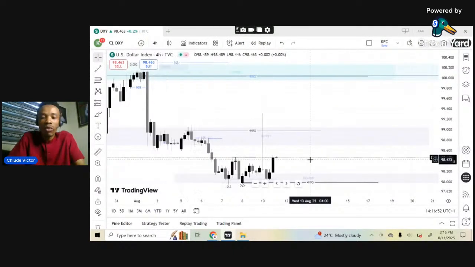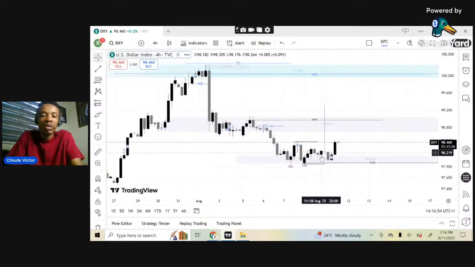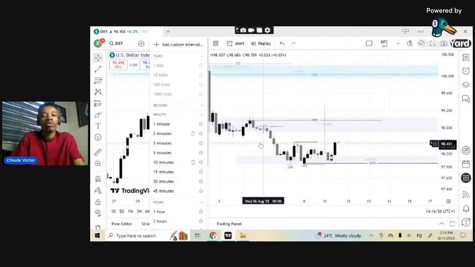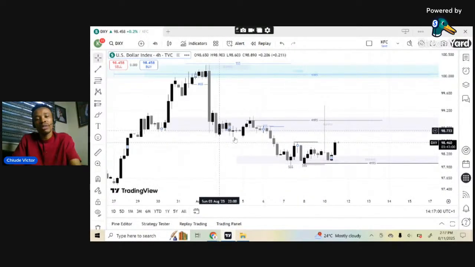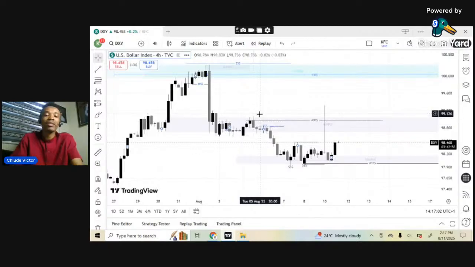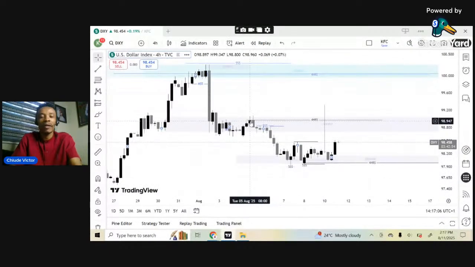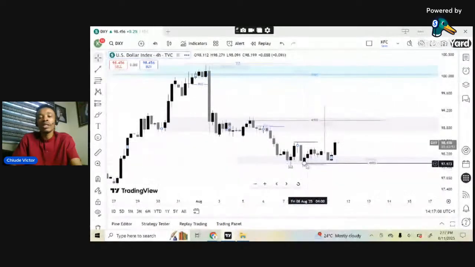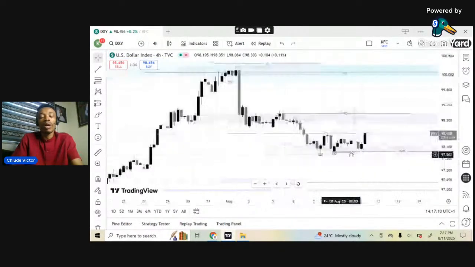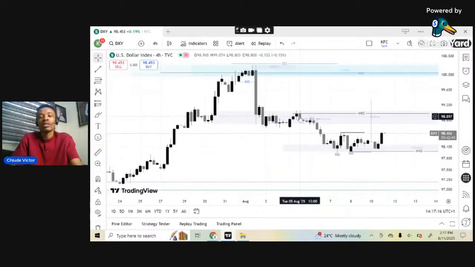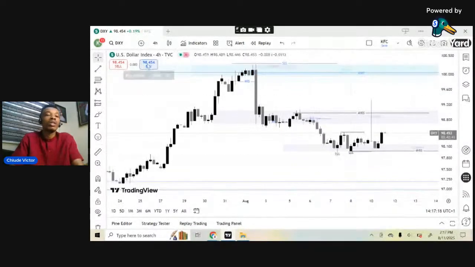If you look very well, the index is coming from a demand zone, so it can definitely go up to the supply zone. Even though it is bearish based on what you're seeing here, because the last impulsive move gave the break of structure just here, and confirms that the recent lower low is this and the previous higher low is this, which proves that we have a downtrend.